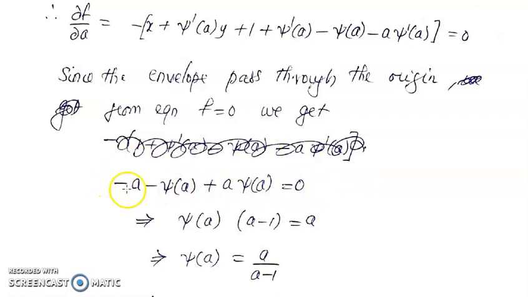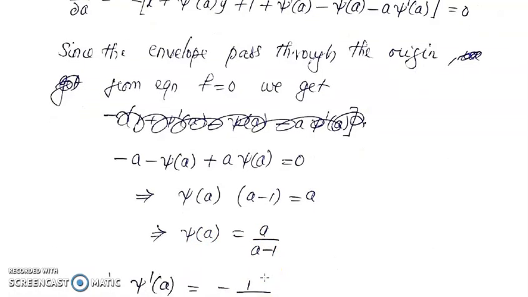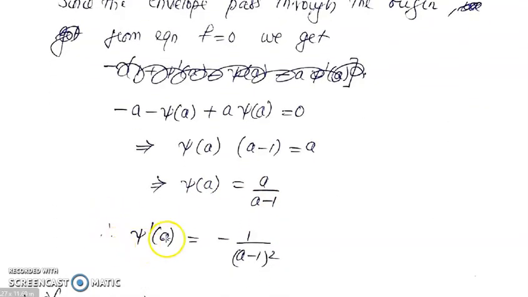So that condition is going to give me the value of ξ(a). So ξ(a) will be a/(a - 1). On differentiating, ξ'(a) is -1/(a - 1)².